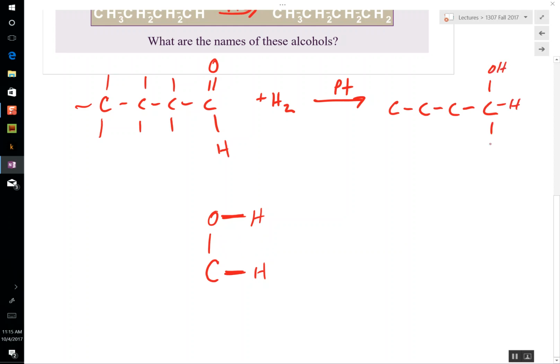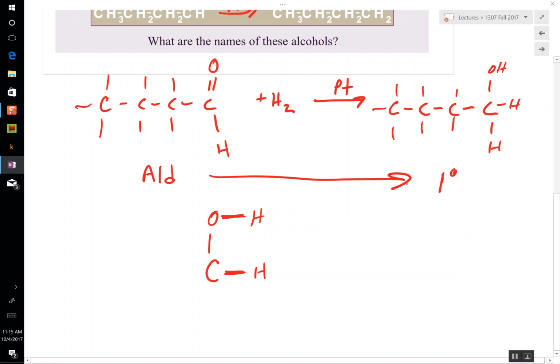Where we had a carbon-oxygen double bond, we end up with an OH, and we get an alcohol. And it is a primary alcohol. So the aldehyde produces a primary alcohol. Hydrogenation.